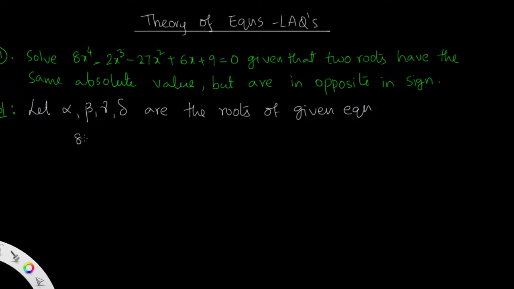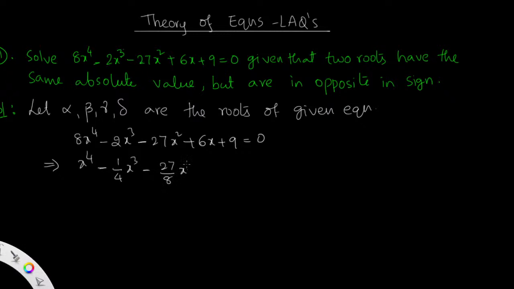that is 8x to the power of 4 minus 2x cube minus 27x square plus 6x plus 9 equal to 0. So that implies, I am dividing the equation by 8, the coefficient of x to the power of 4: x to the power of 4 minus 2 by 8, that is 1 by 4, into x cube, minus 27 by 8 into x square, plus 6 by 8, that is 3 by 4, into x plus 9 by 8 equal to 0.